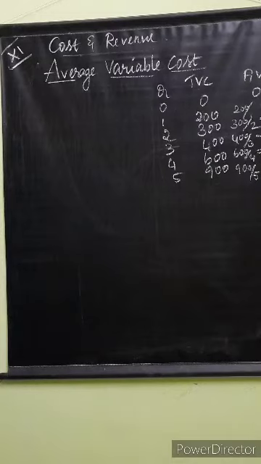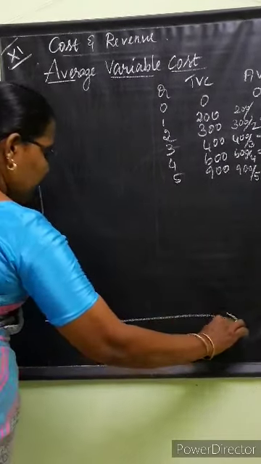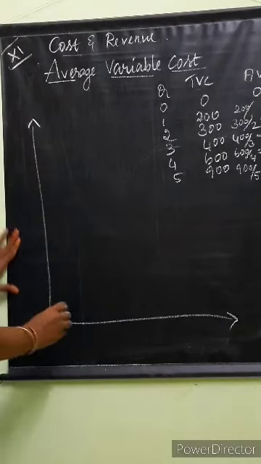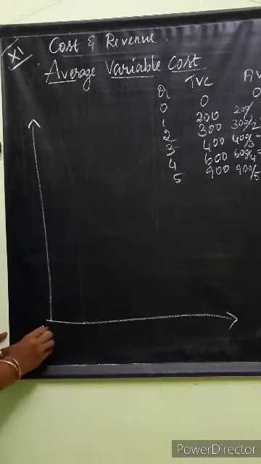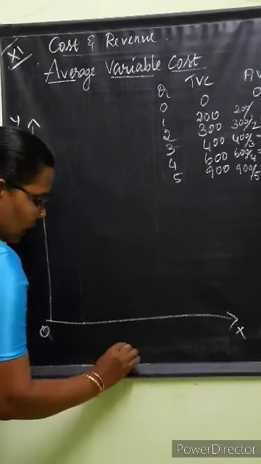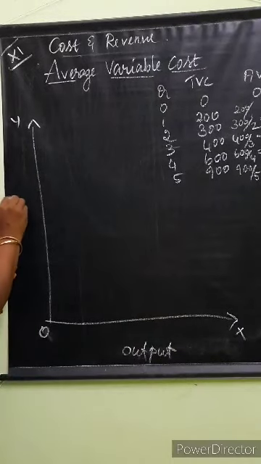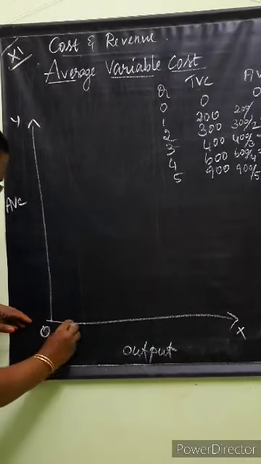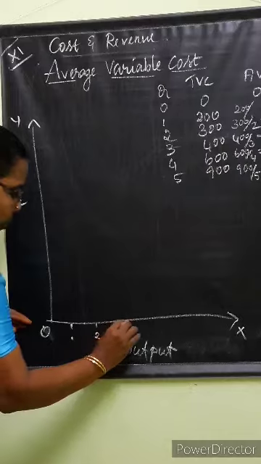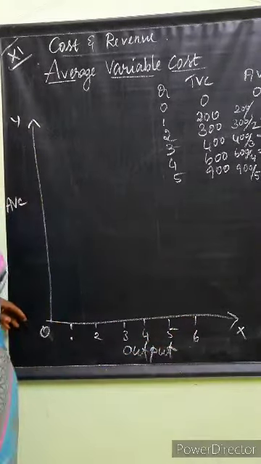Now we are going to draw the curve for average variable cost. So this is the x-axis, this is the y-axis. Here I am going to write output, and here average variable cost. The output 1, 2, 3, 4, 5, 6.